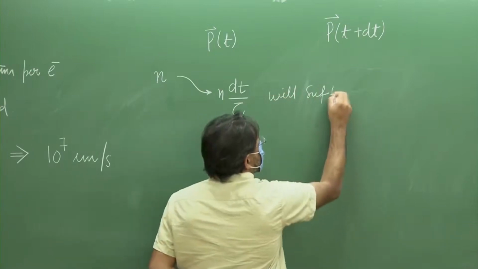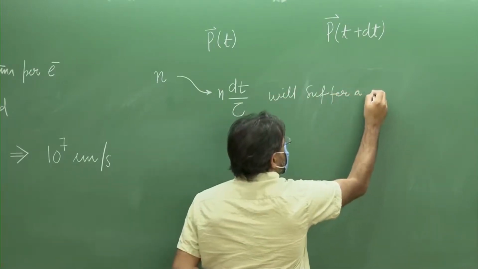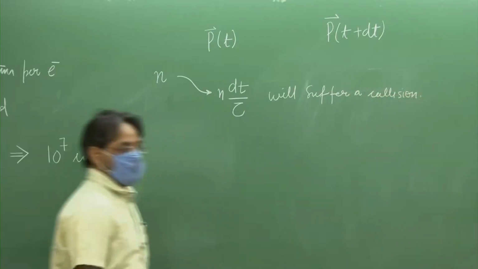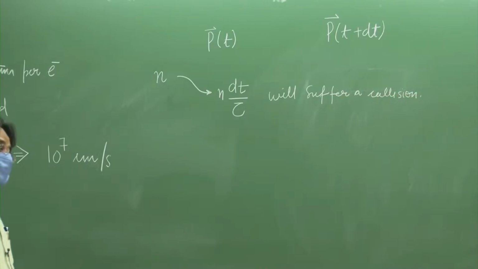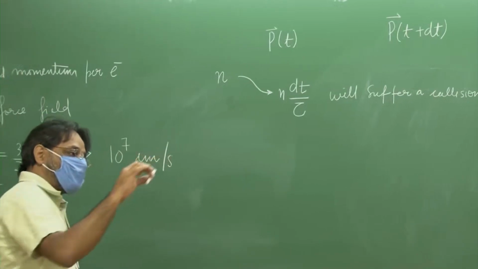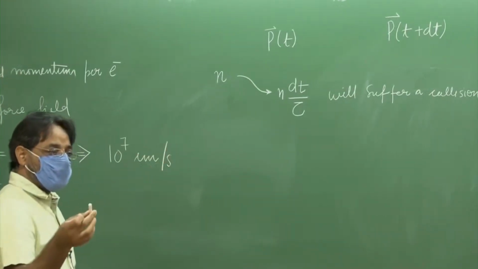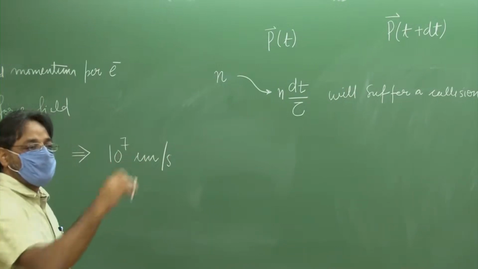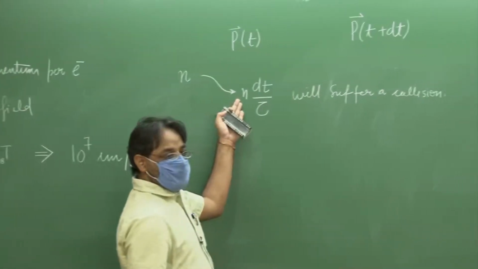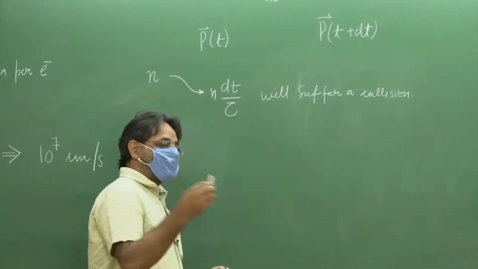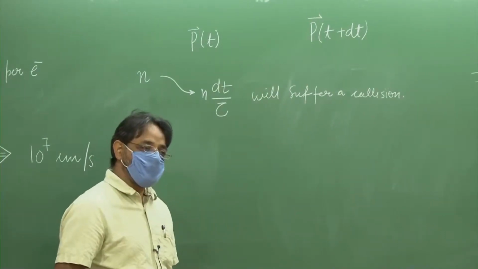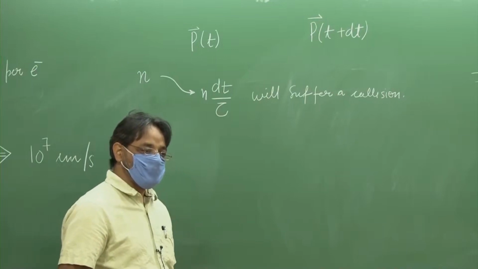They will suffer a collision. What happens immediately after the collision? After the collision, the electron comes out in an arbitrary direction. You cannot decide a priori the direction in which the electron will come out, right? And we are talking about a large number of electrons. So, if you take the vector sum of their momenta immediately after the collision, what would it be? 0, because they have all suffered the collision, right?